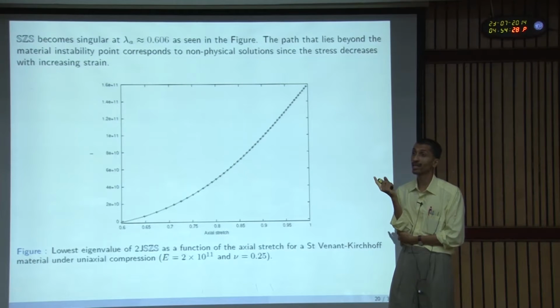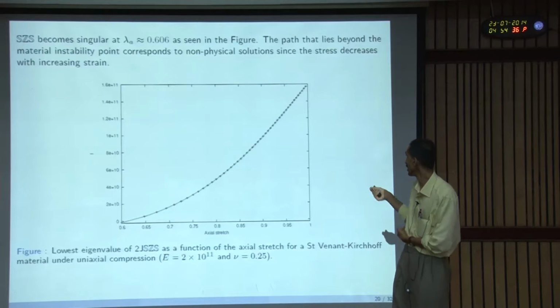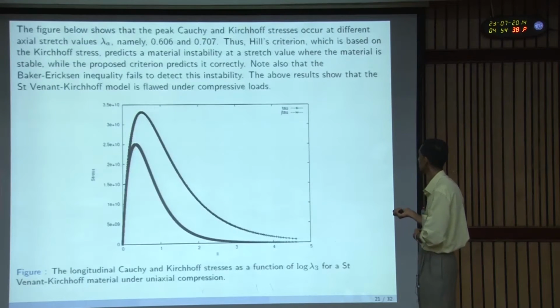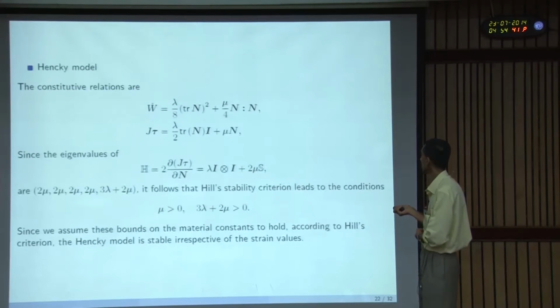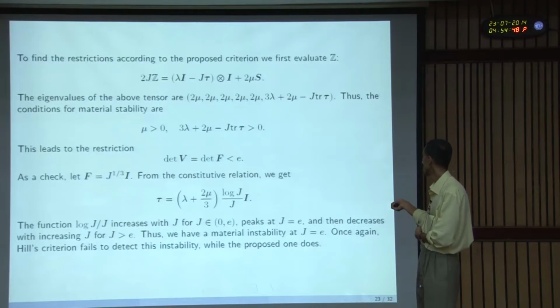Or they are predicting that something is unstable, something is stable. So not just the value, sometimes even that prediction is wrong. Just to give an example, this one. Here, Hill's criterion is saying it is stable, but it is not, because on the next slide I have shown that it peaks at, so this is now an analytical solution.